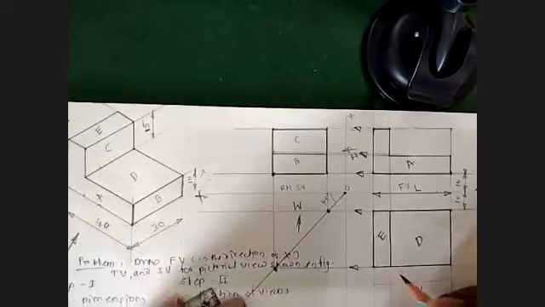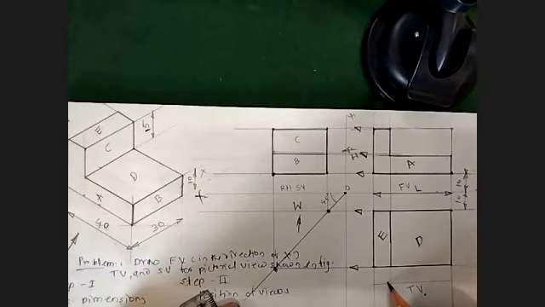So here, in this case, I will be giving the dimensions in top view, because it is quite feasible to give it in top view. So this is 10 and this one is 30. Because total is 40.